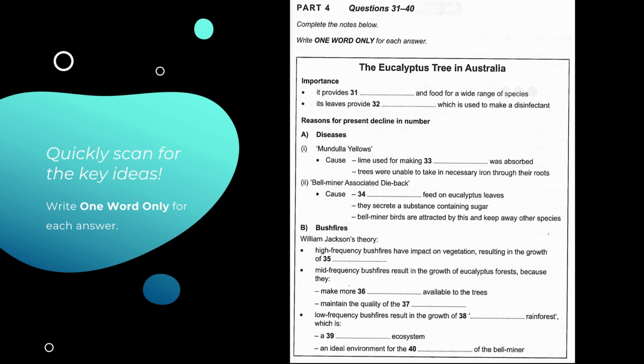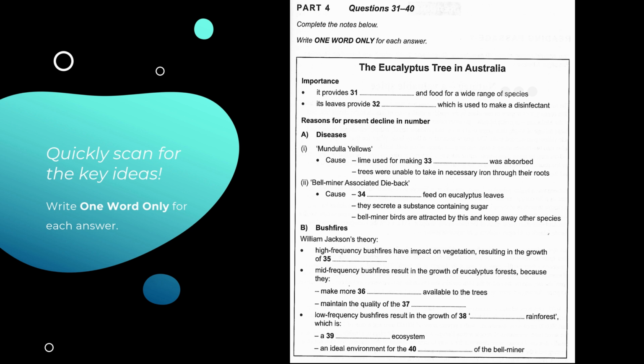For example, it gives shelter to creatures like birds and bats, and these and other species also depend on it for food, particularly the nectar from its flowers. So it supports biodiversity. It's useful to us humans too, because we can kill germs with a disinfectant made from oil extracted from eucalyptus leaves.